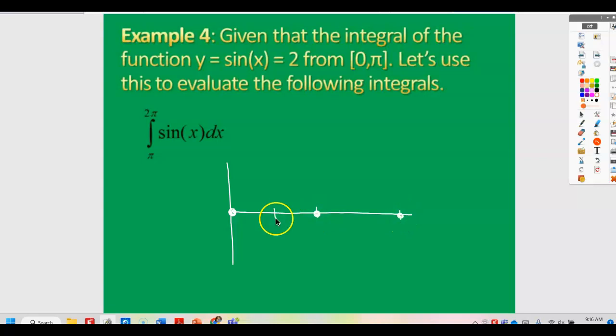So then the max and mins of sine occur at, yep, 1 and negative 1. 1 occurs at pi halves, and negative 1 occurs at 3 pi halves. So it's up, down, up. There's my sine curve.